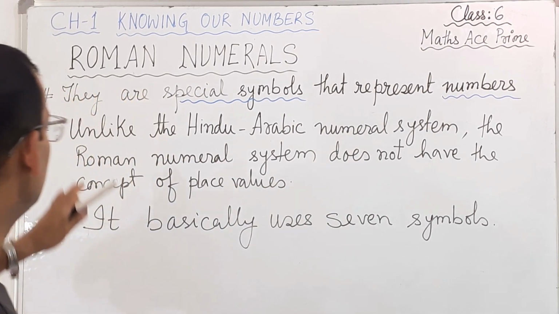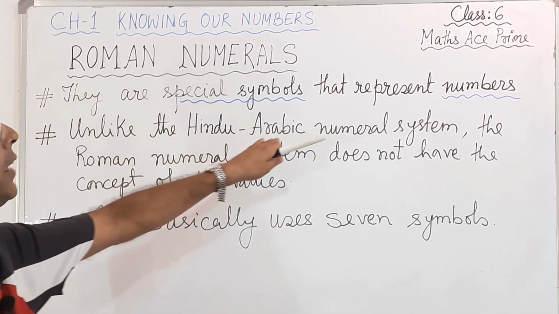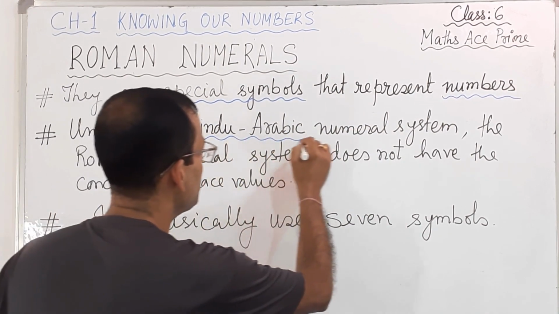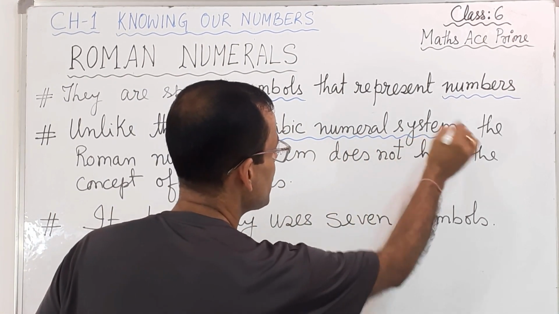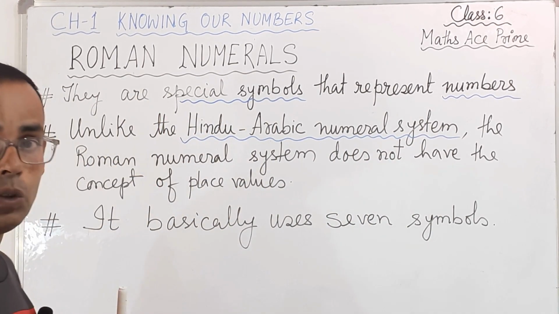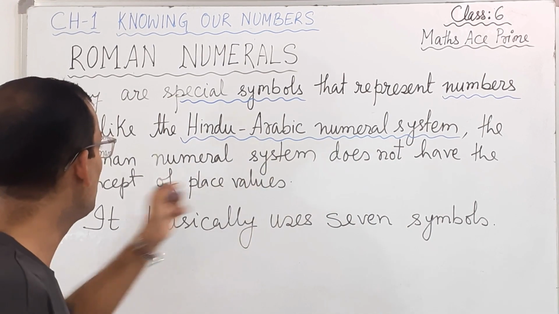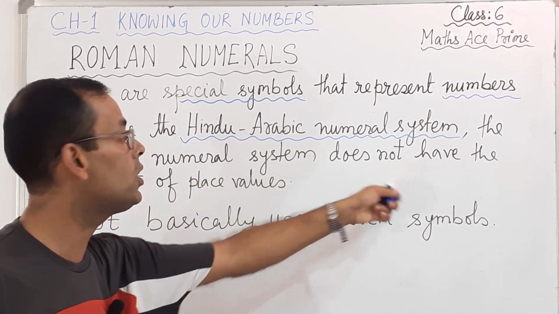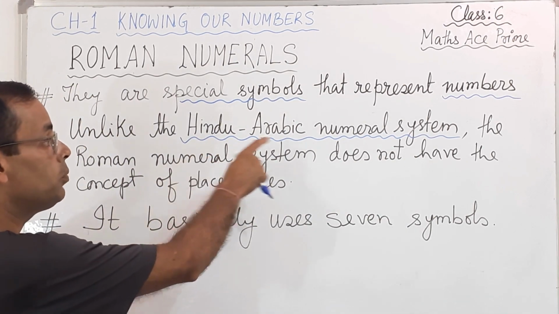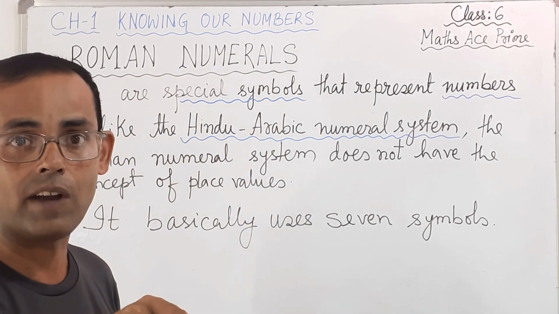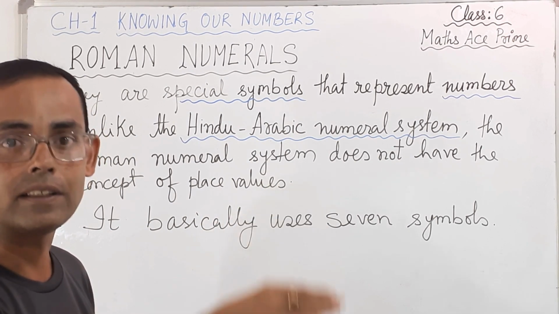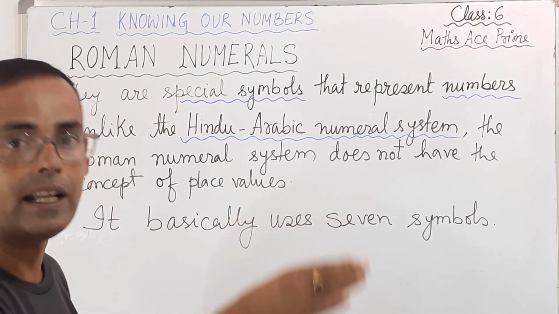Then, unlike the Hindu-Arabic numeral system, which I have already taught you previously, this Roman numeral system is not like that. The Roman numeral system does not have the concept of place values, because in the Hindu-Arabic numeral system you have place values: ones, tens, 100, 1000, 10,000, lakh, 10 lakh.